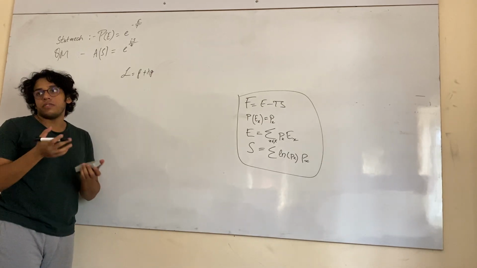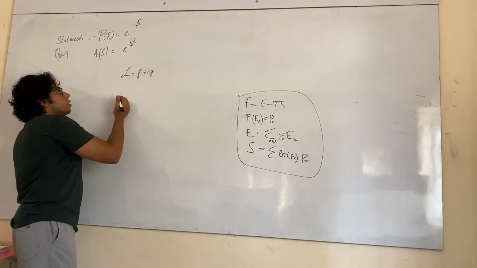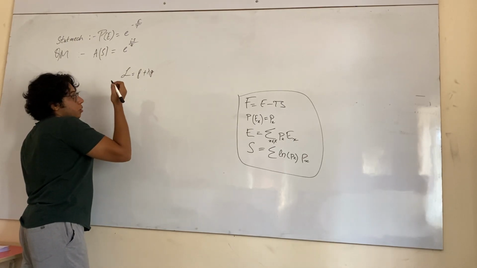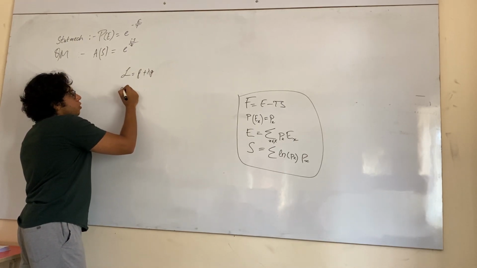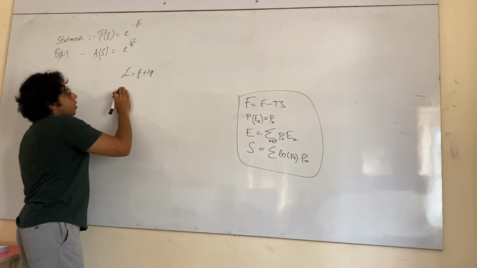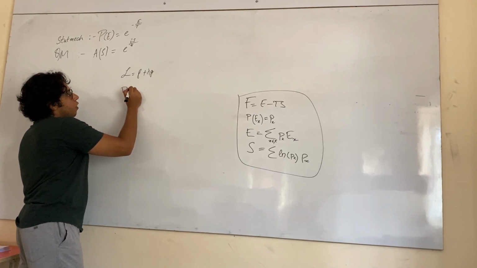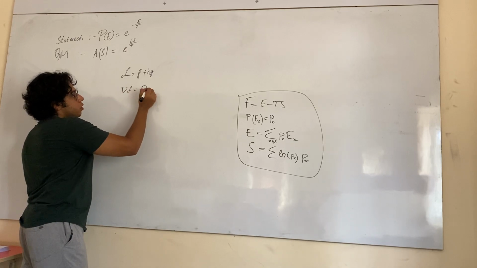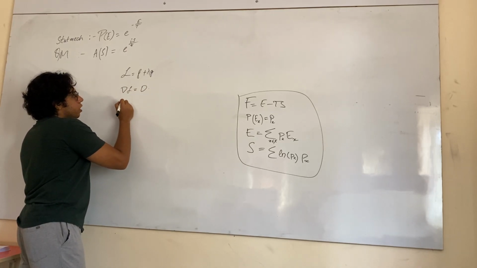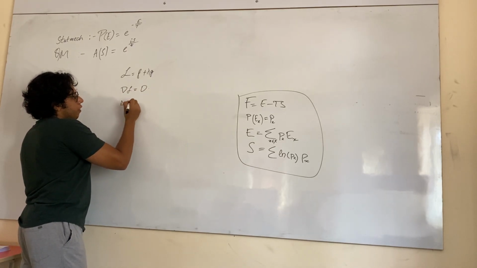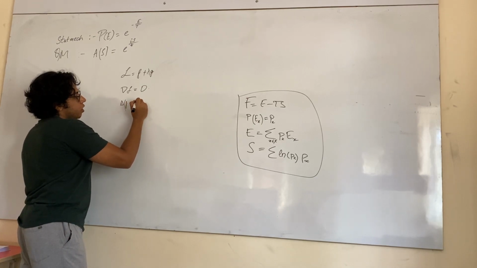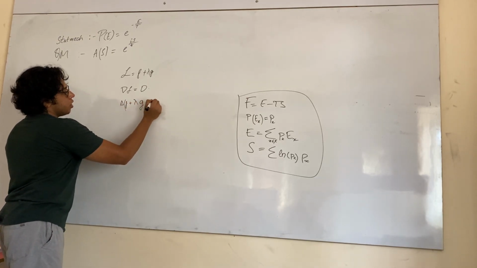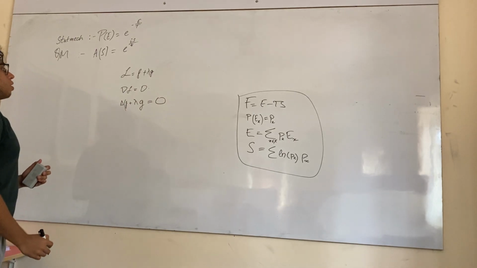So the gradient of L is equal to 0. That means the gradient of F plus lambda G is equal to 0.